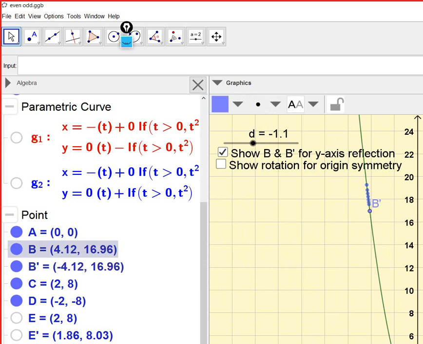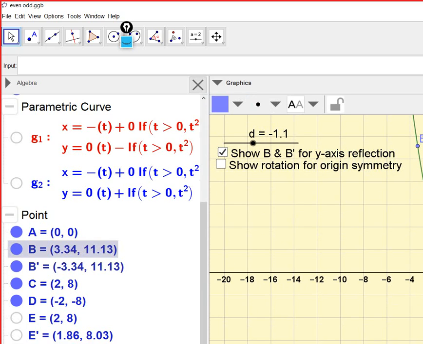There we go. If I take B, which is on one branch of my parabola, on the right-hand side of where I think I have my symmetry, and I reflect it, and its reflection lands on the other side of my curve, does that kind of make sense to everybody? We see that reflection happening, okay? And I trace out my entire curve, then I have y-axis symmetry. Does that make sense?